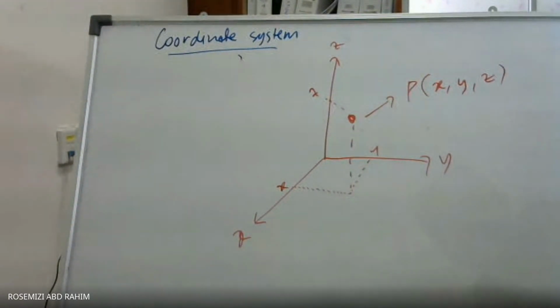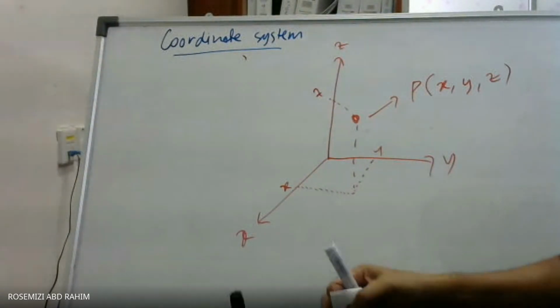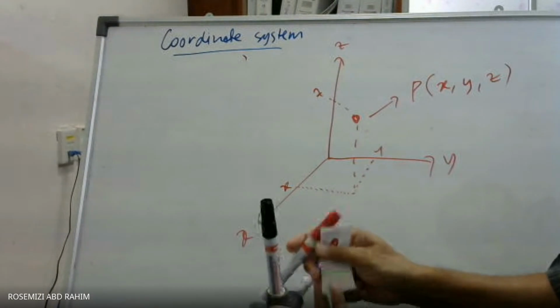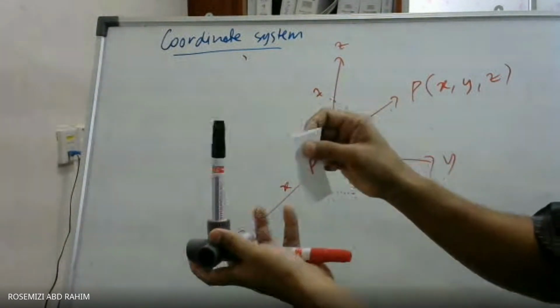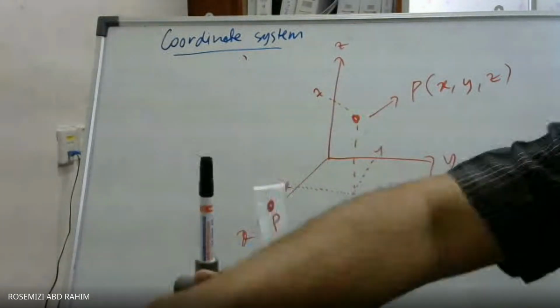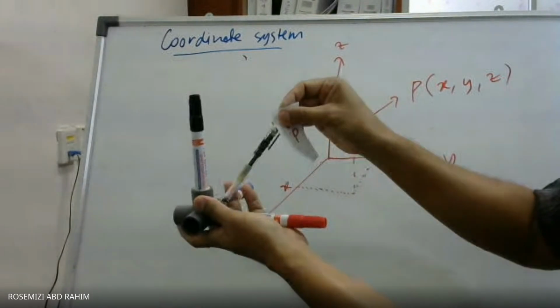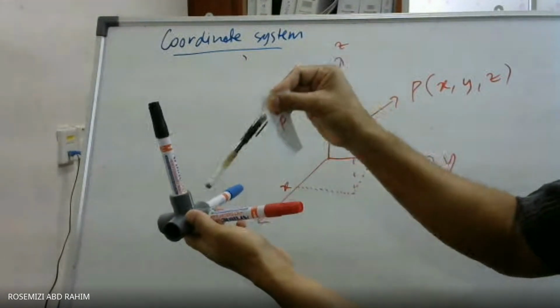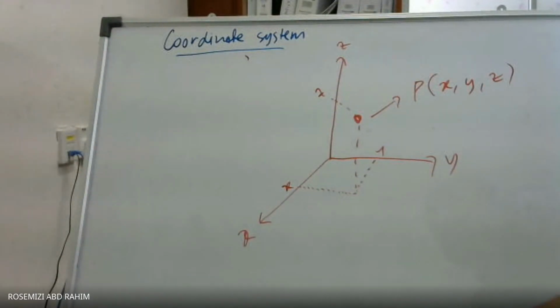Okay? Also, we can determine by using magnitude. This is our point P. So we calculate the distance from the origin to P, this span distance, and also the angle.